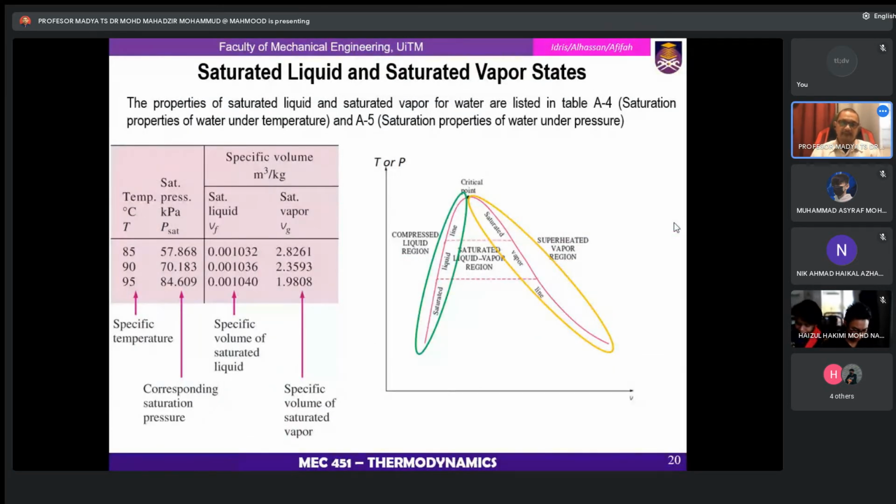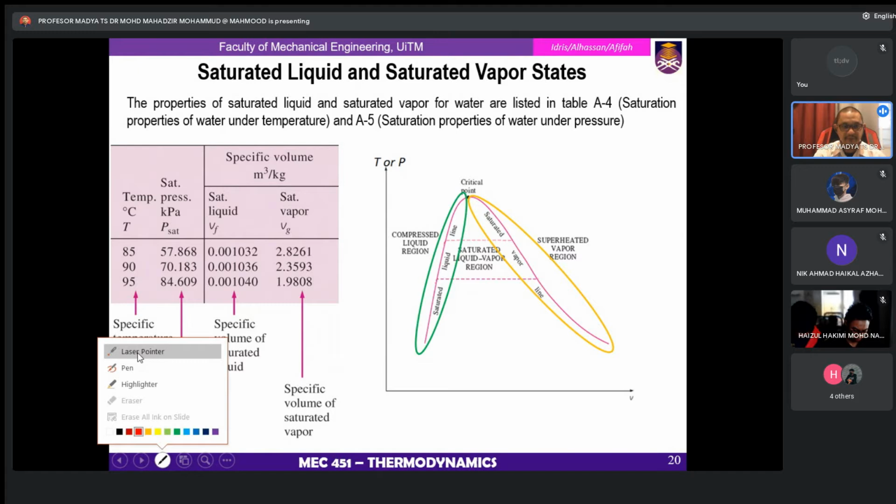Okay, saturated liquid and saturated vapor states. As you see in the part 1 slide, in the T or P versus specific volume diagram, there are two lines that show the saturated liquid line and the saturated vapor line.